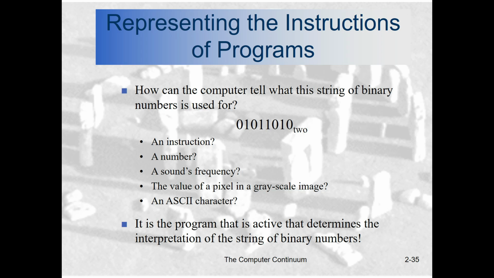It doesn't really understand what it actually is. How could it understand? It could be an instruction, a number, a sound frequency, anything. Okay, it is the program that is active that determines the interpretation of the string of binary numbers. It is the program inside the computer that determines what these things mean.